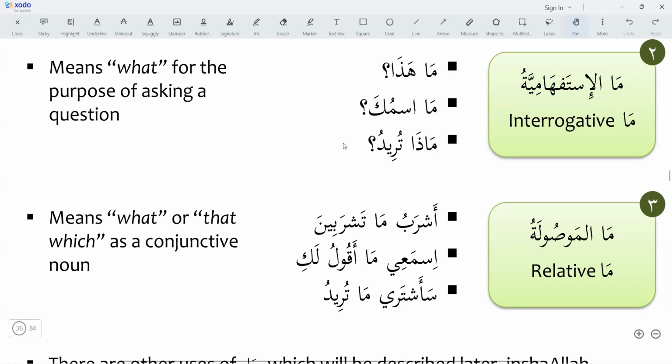So it means what? Ashrabu, I am drinking. Ma tashrabina, what you are drinking. Or I will drink what you will drink. Isma'i ma aqulu laki. Sa ashtari maza turidu. So it gives the meaning of ma.